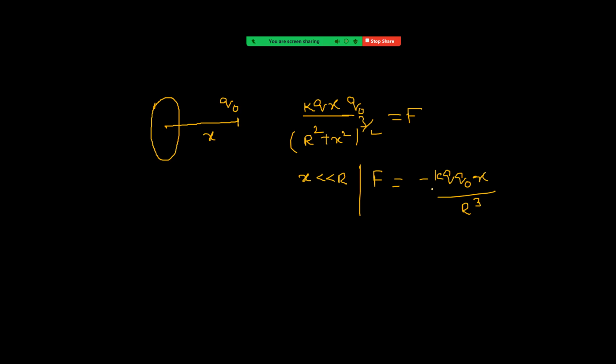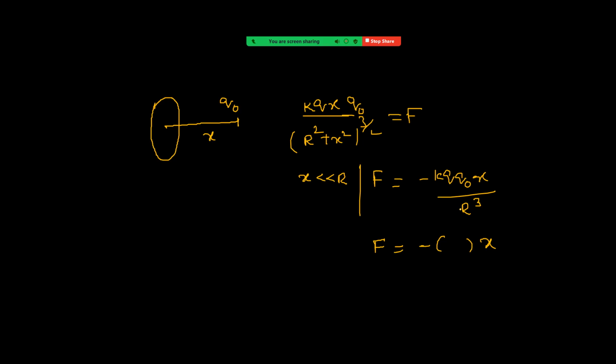When x is very small compared to r, x square is also very small compared to r square. Therefore, this becomes simply r cube. So here, force is of the form minus something into x, right? And that something is nothing but the force constant.